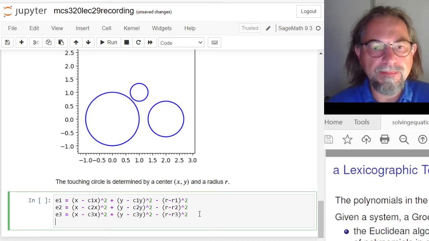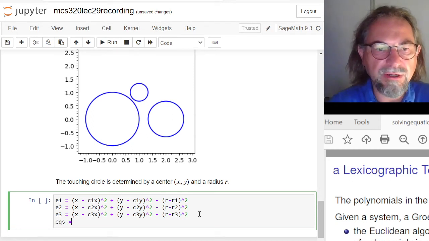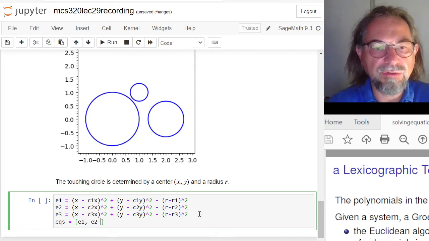So my 3 equations are then formulated: E1, E2, E3.